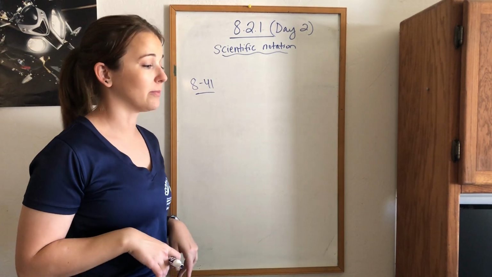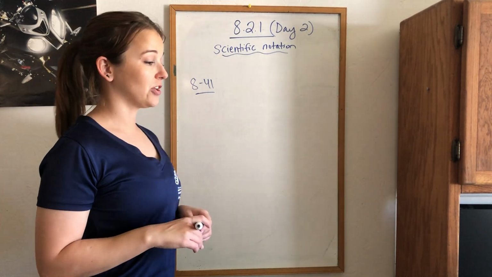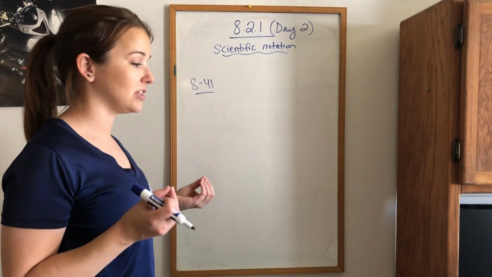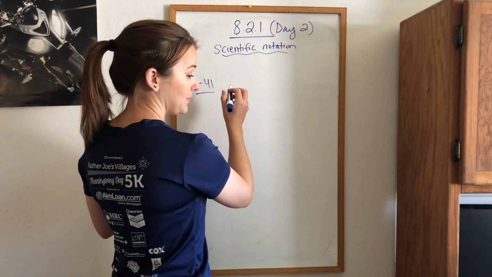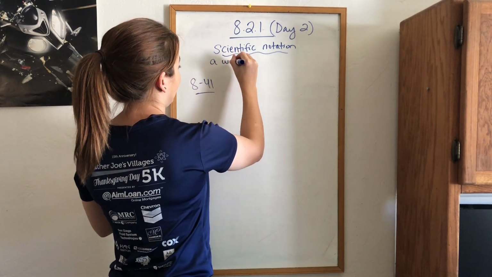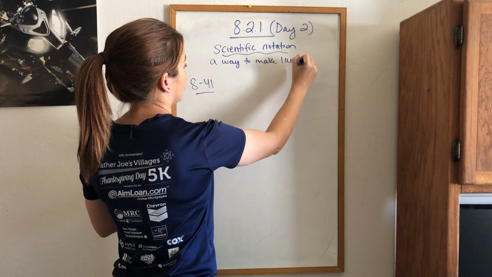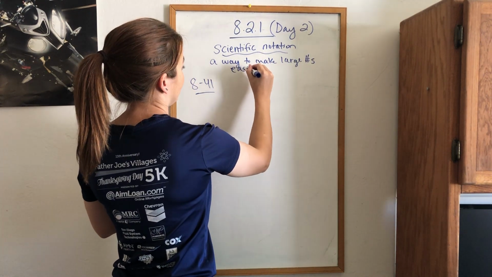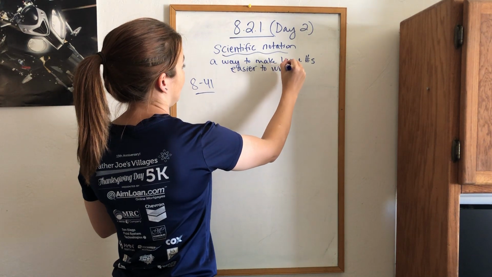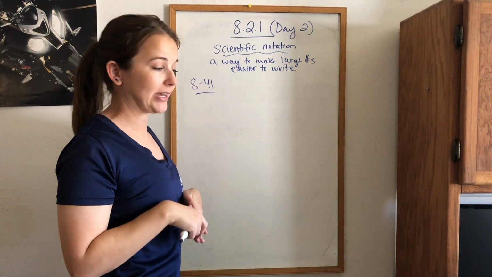To make these large numbers easier to write, astronomers and other scientists use scientific notation. So it's a way to make large numbers easier to write. And there are some rules that apply here.